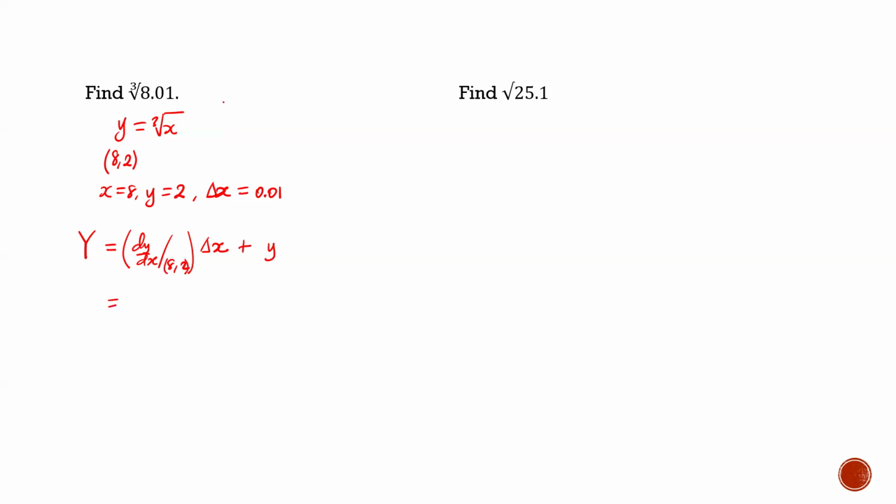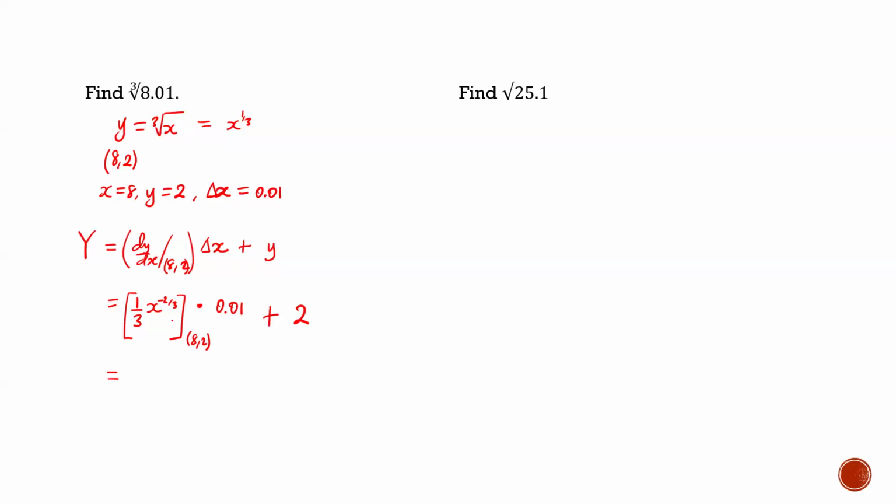Now, what is dy dx? You know that the cube root of x is the same as x to the power a third. This is going to be a third of x to the power negative 2 out of 3, which is going to be calculated at the point 8, 2, and then multiplied by 0.01, and then we shall add 2 to that. Now what is 8 to the power negative 2 out of 3?